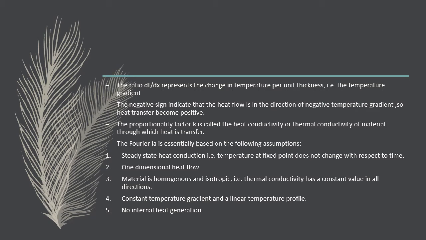Third, material is homogeneous and isotropic, that is, thermal conductivity has a constant value in all directions. Fourth, constant temperature gradient and a linear temperature profile. Fifth, no internal heat generation. These are the assumptions which we take in Fourier law.